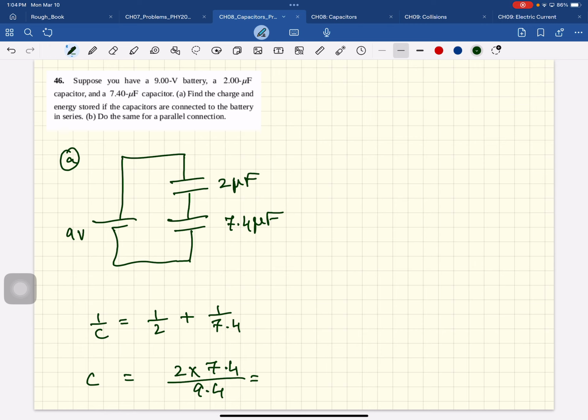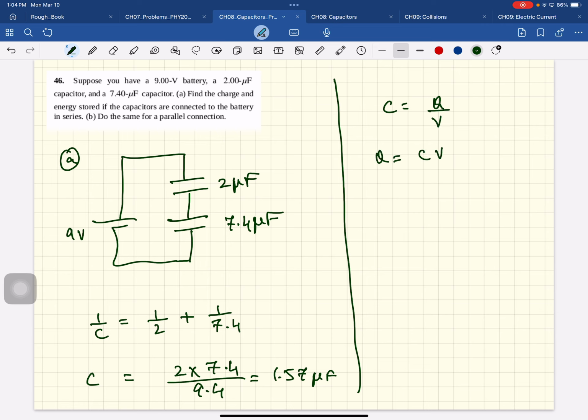So the equivalent capacitance is 1.57 microfarads. And so the charge stored in it is C times V, which is 1.57 times 9, about 14.2 microcoulombs.